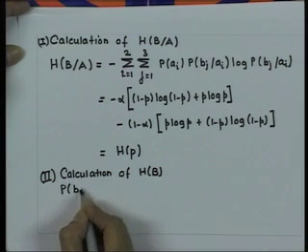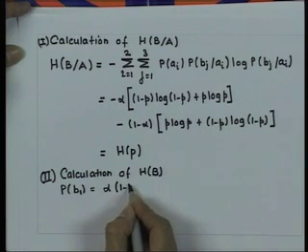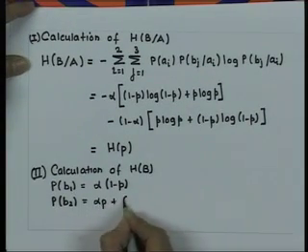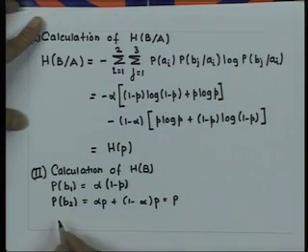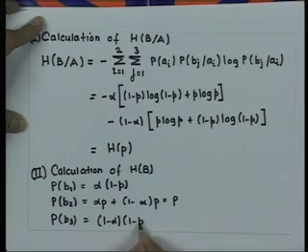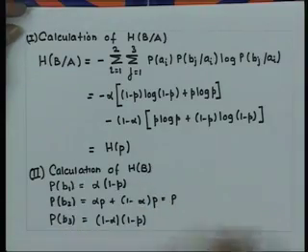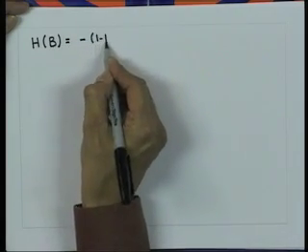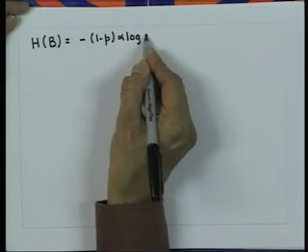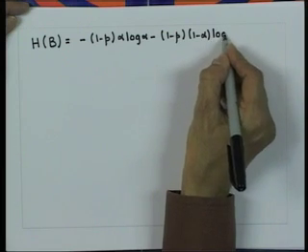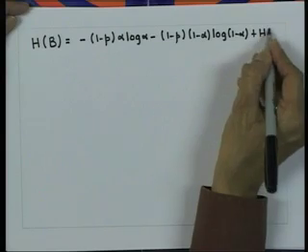So, probability of B1 is equal to alpha times 1 minus P, probability of B2 is equal to alpha P plus 1 minus alpha times P, which is P, and probability of B3 is equal to 1 minus alpha into 1 minus P. Using these probabilities, we can show that H(B) is equal to minus 1 minus P times alpha log alpha, minus 1 minus P into 1 minus alpha log of 1 minus alpha, plus H(P).